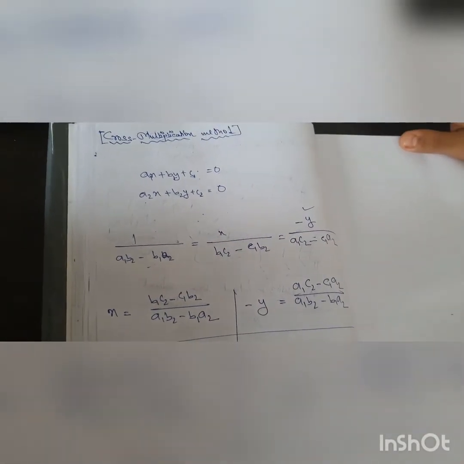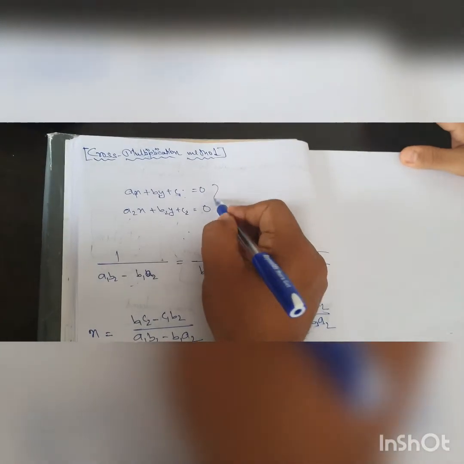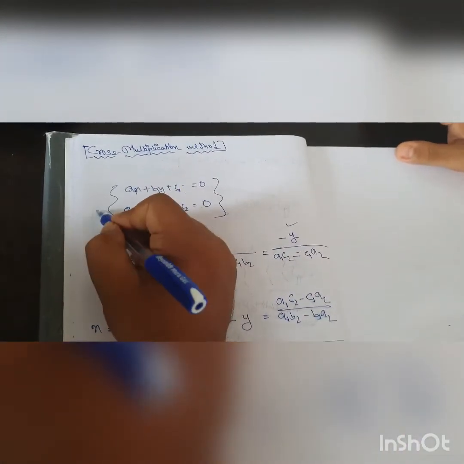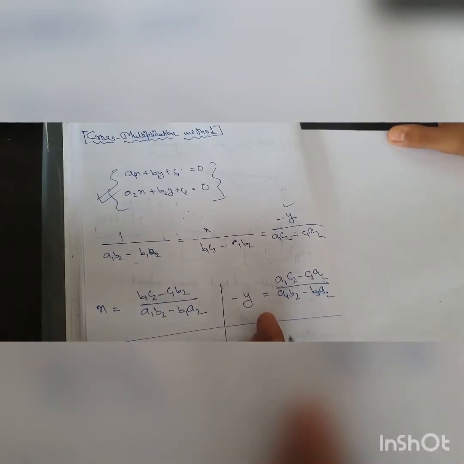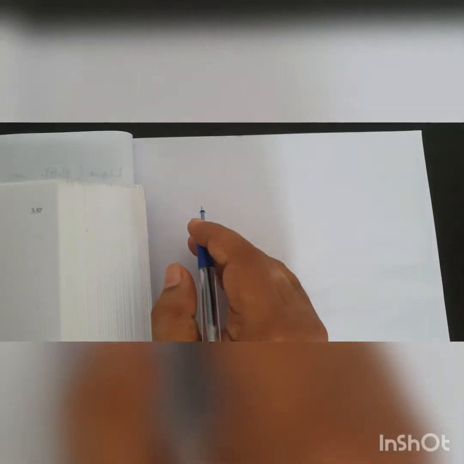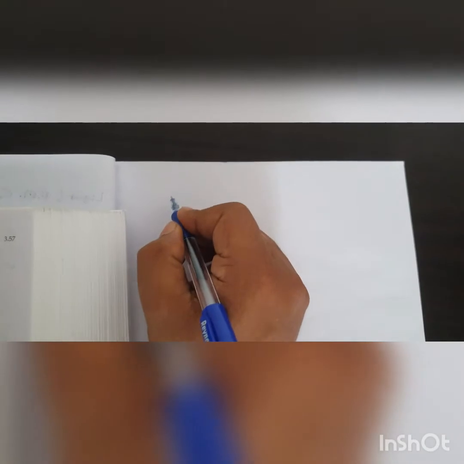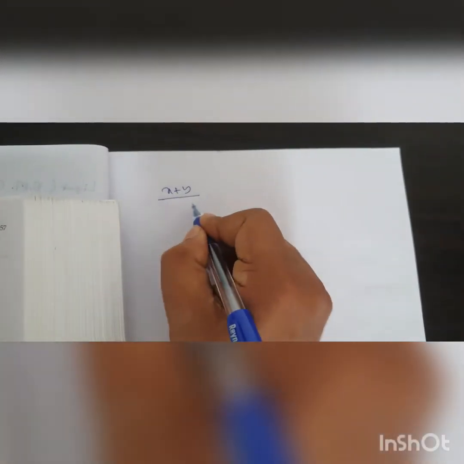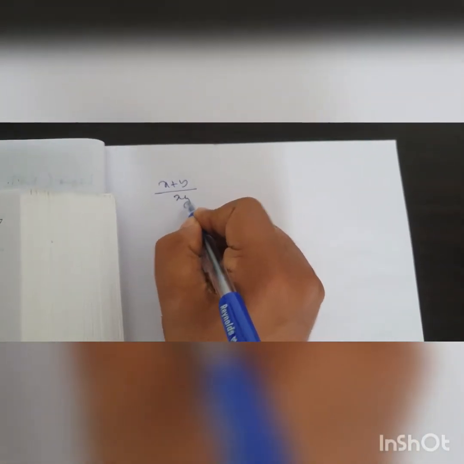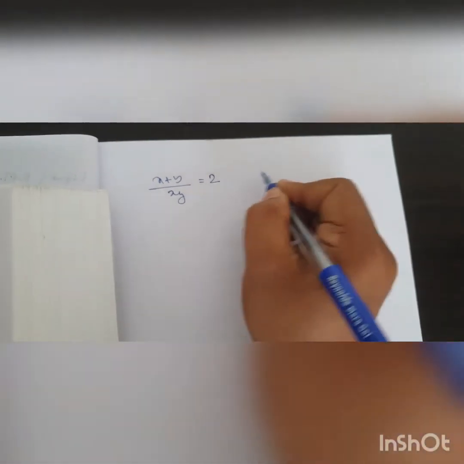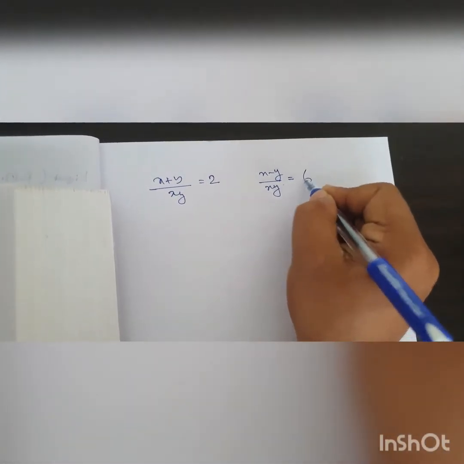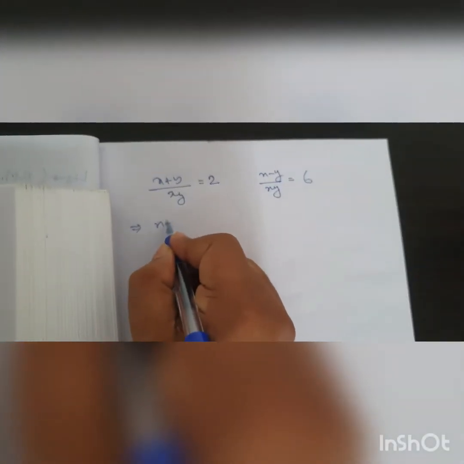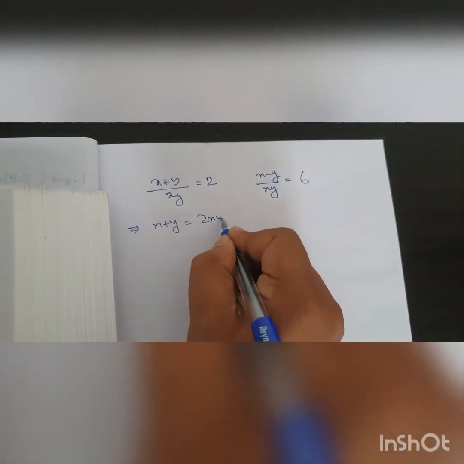If complicated sums are given, your main aim, first of all, remember, will be to bring the equation into this form. Then you can simply apply this. Suppose I give you an example of one complicated sum: if anyone gives you x plus y by xy is equal to 2 and x minus y by xy is equal to 6, then you will get x plus y is equal to 2xy here.